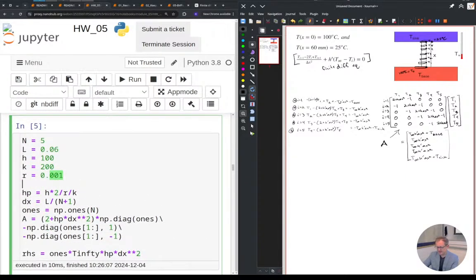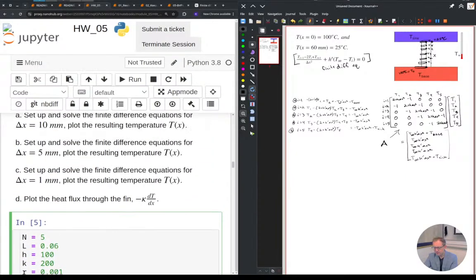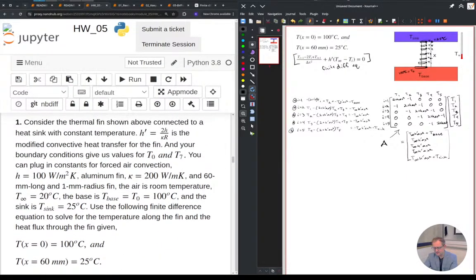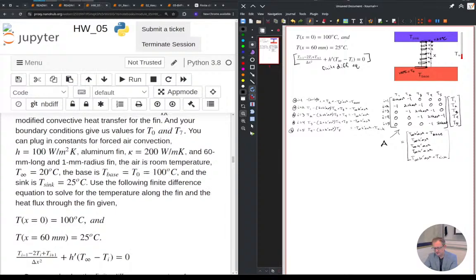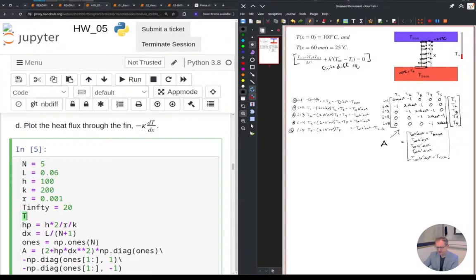And let's plug in that T infinity. What is it? 20 degrees. And T0 is 100. TL is 25.